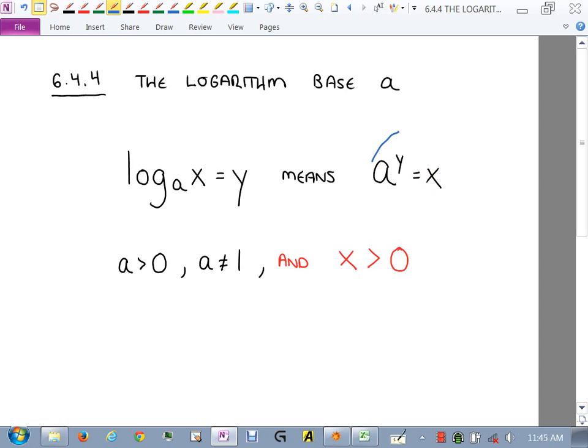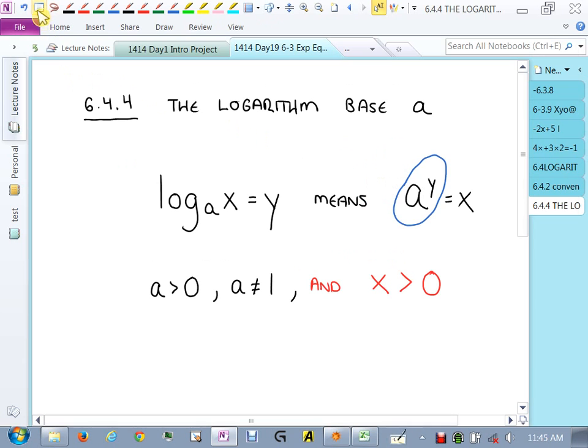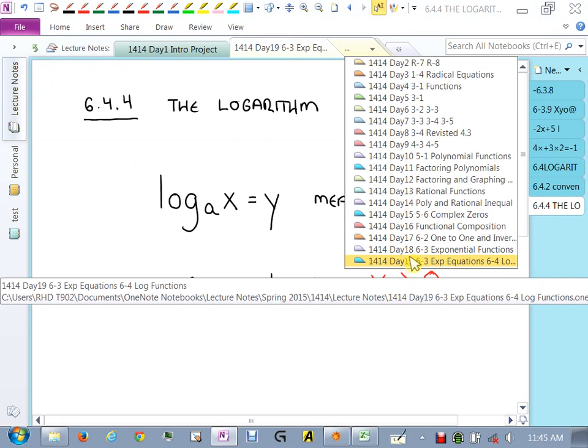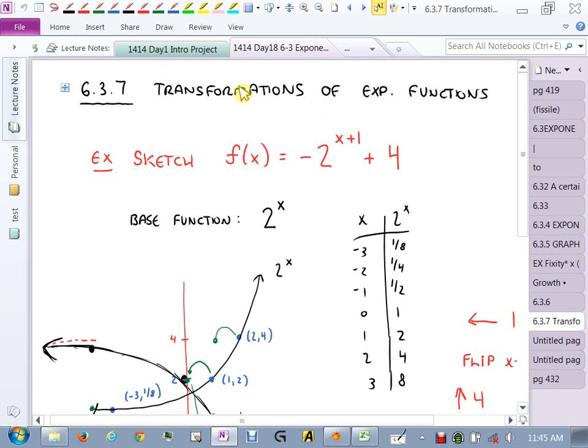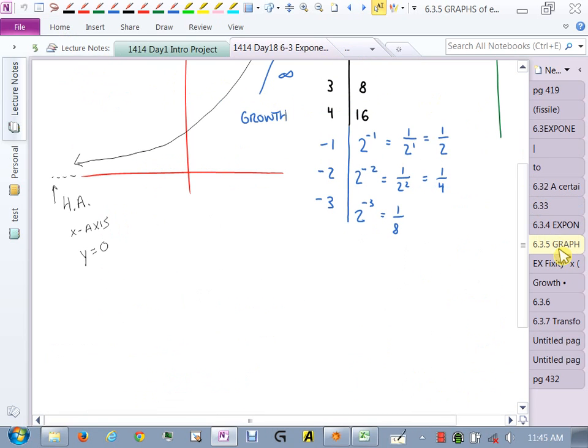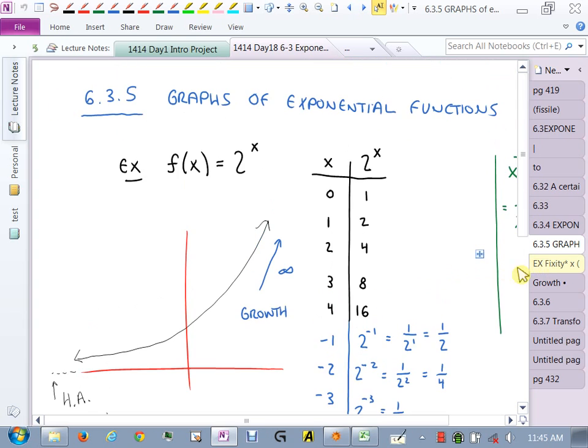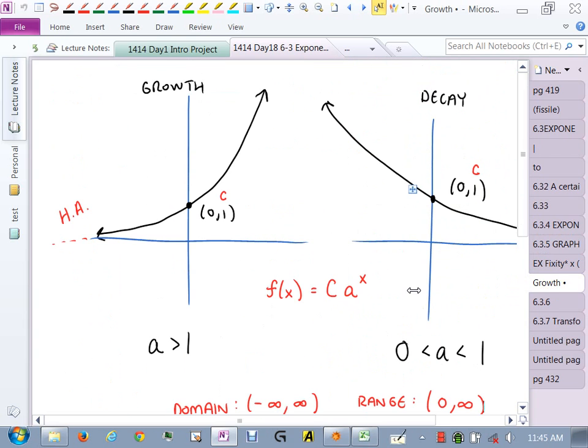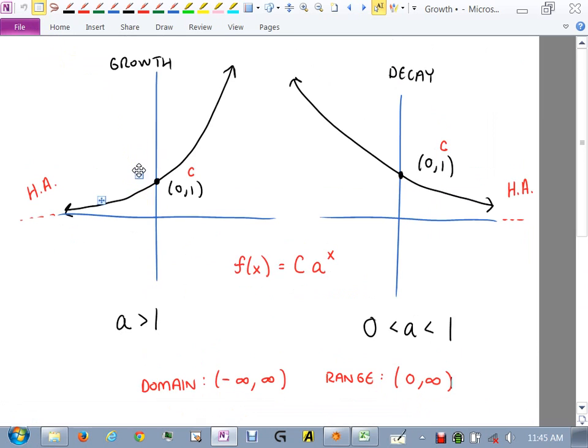Because any base that I ever plug in, raised to a number, doesn't matter if it's positive or negative, has to be positive. Why? Because this is an exponential. Last class, we studied exponential functions, and we said one of the properties of exponential functions was this: if you take any number a and you raise it to the x.